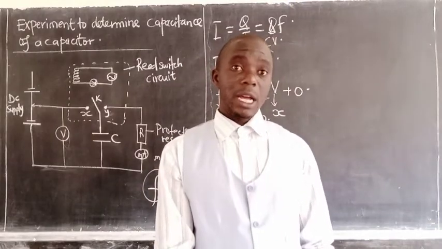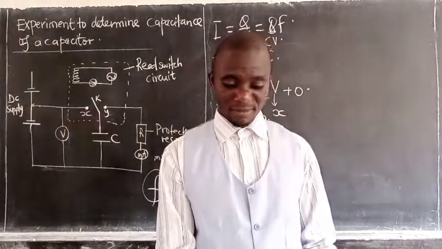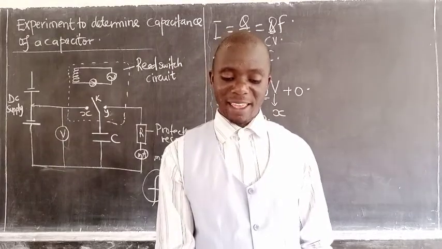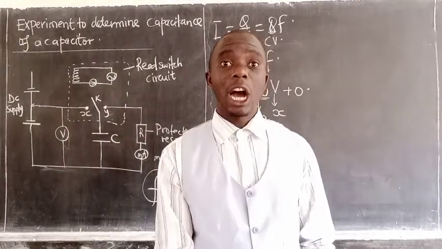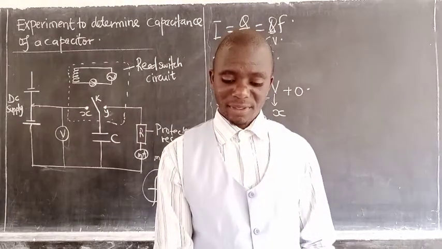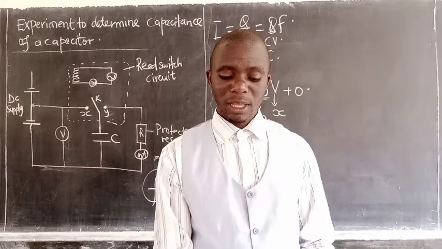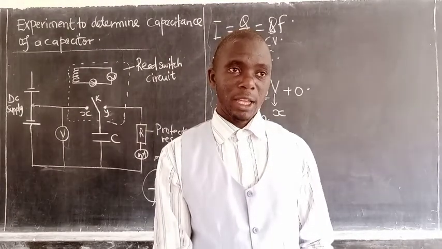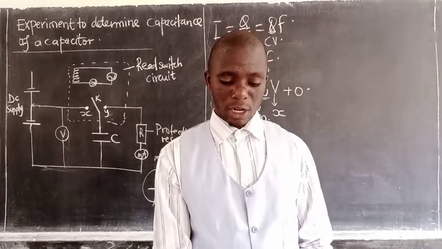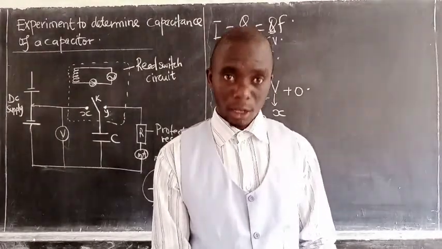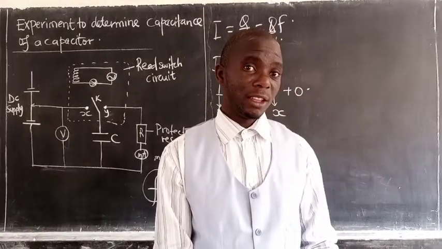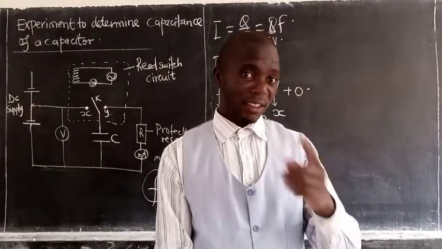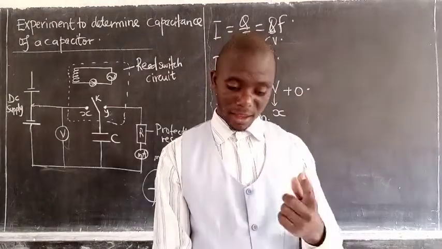Then another new line. The ammeter reading I is measured and recorded in amperes. And the voltmeter reading V is also measured and recorded in, you say it. Voltage is measured in, thank you for saying volts, yeah, in volts.